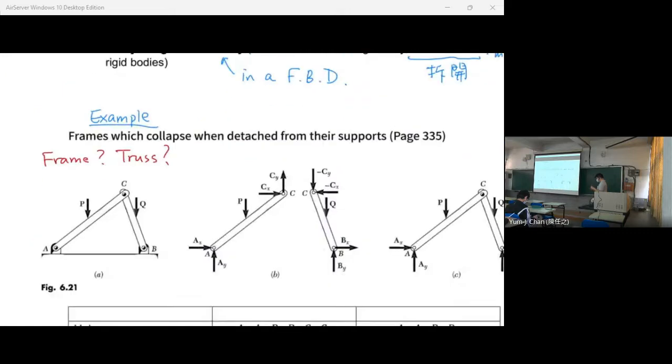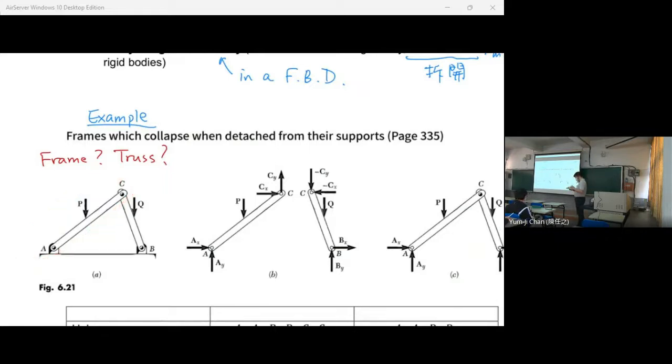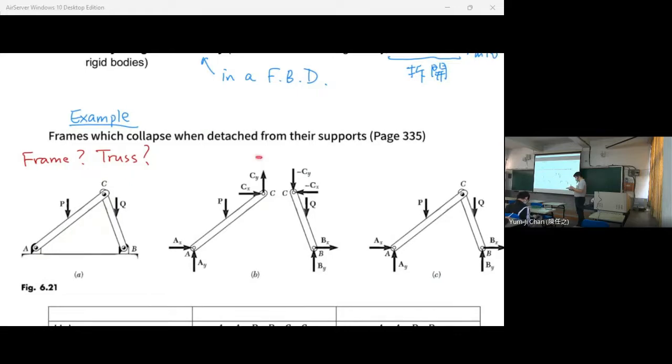So, is this a two force body? The answer is no, because we have forces acting on C because this is a joint. We have forces acting on A because A is a support. What kind of support is this? We usually have a roller or pin, right?